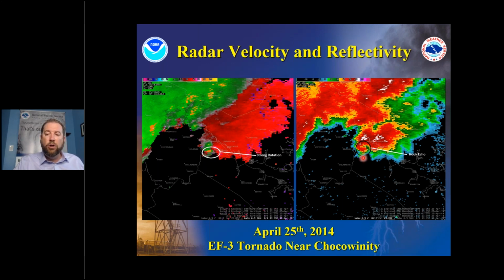And it's co-located, or along the same area, as some high reflectivity and even a little bit of a hook. A hook echo is just the radar showing the reflectivity wrapping around that circulation. So it's a decent indicator that it could be tornadic. Not all the time, but it's showing rotation. So that's what we look for on radar.